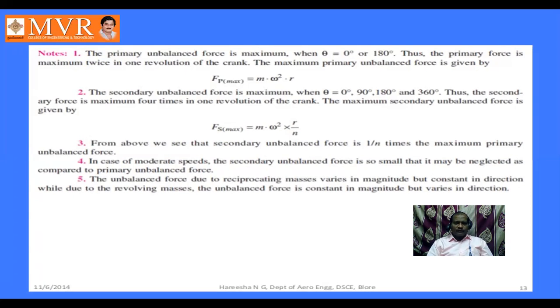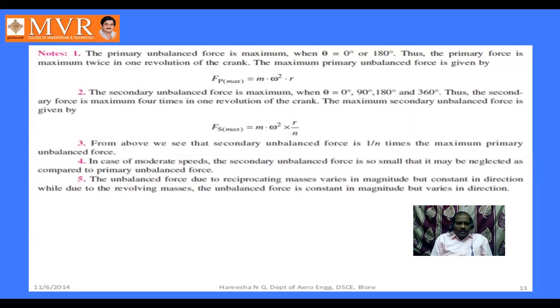The unbalanced force due to reciprocating masses varies in magnitude but is constant in direction, while due to the revolving masses, the unbalanced force is constant in magnitude but varies in direction.